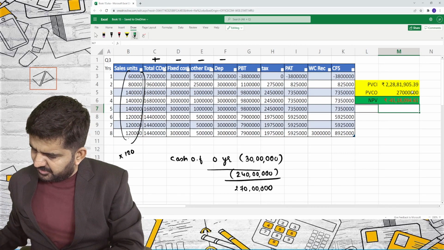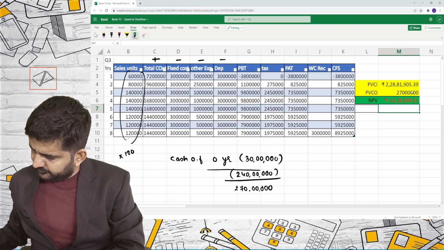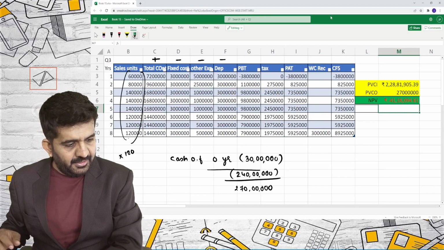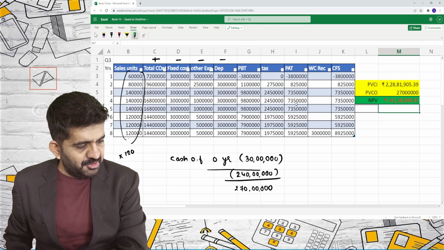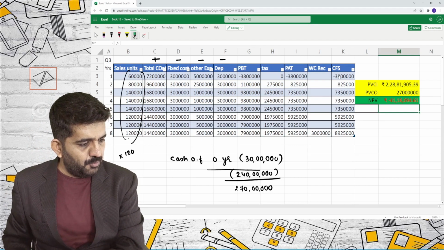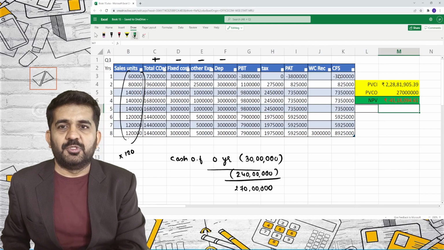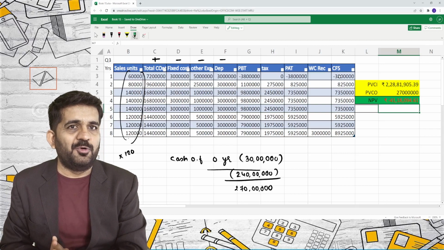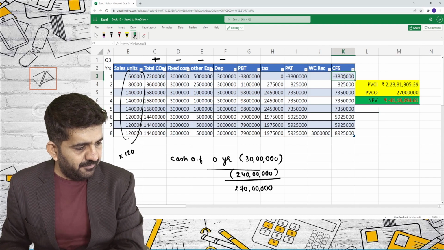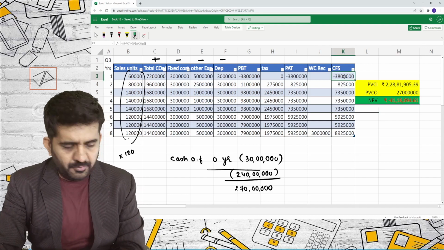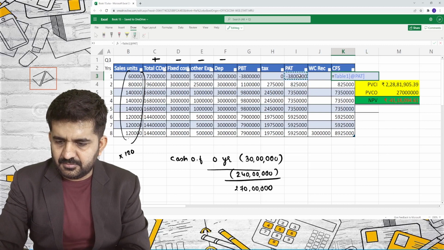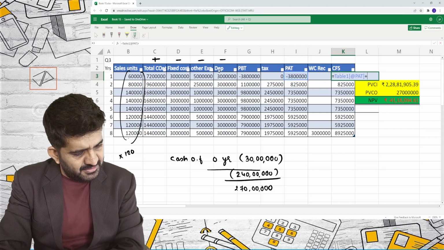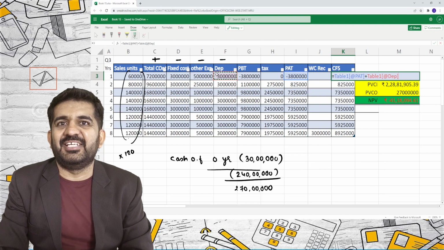Right. I have made some mistake, I remember. Exactly. What is the mistake? I have not added the depreciation for finding out cash flow. So how to find this cash flow? See, this is a benefit in Excel, I don't have to change everything. Cash flow is equal to profit after tax plus depreciation.